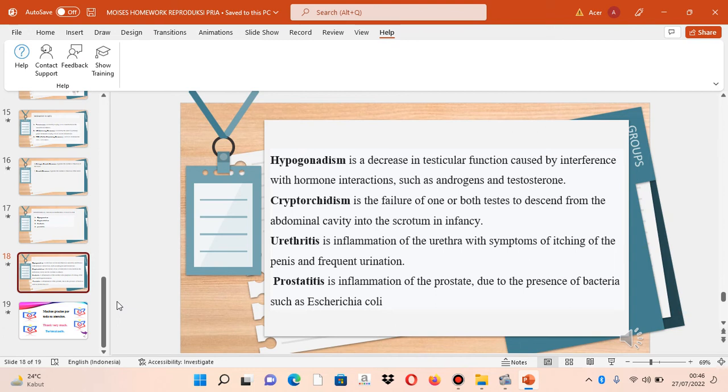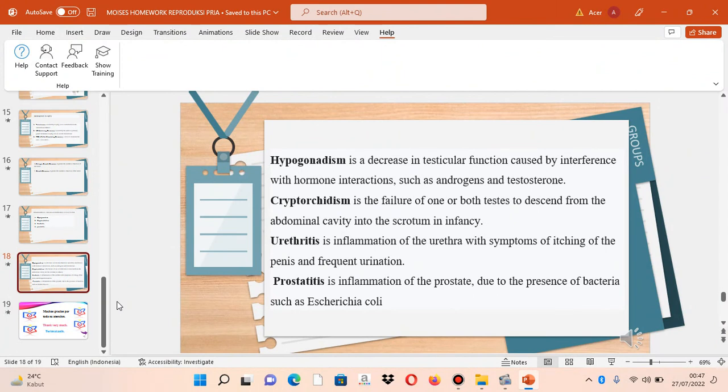Hypogonadism is a decrease in testicular function caused by interference with hormone interaction, such as androgens and testosterone. Cryptorchidism is the failure of one or both testes to descend from the abdominal cavity into the scrotum in infancy.